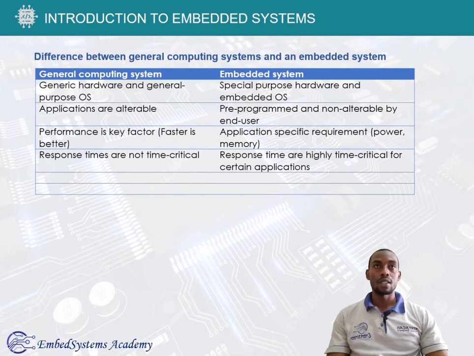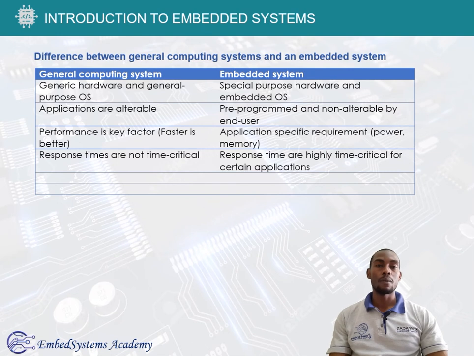For a general computing system, performance is the key factor. They say faster is better. But for embedded systems, application-specific requirements are considered, and mostly it's power and memory. And lastly, for general computing systems, the response time is not time critical, while in embedded systems, response time is a highly critical factor in most applications.